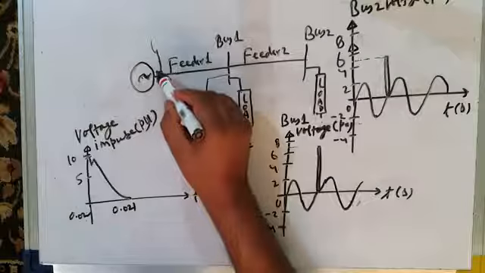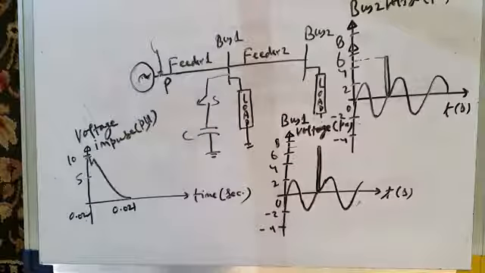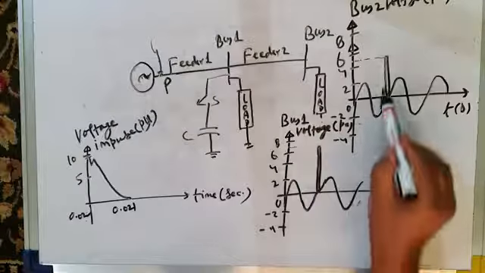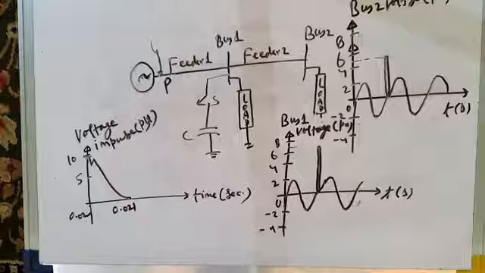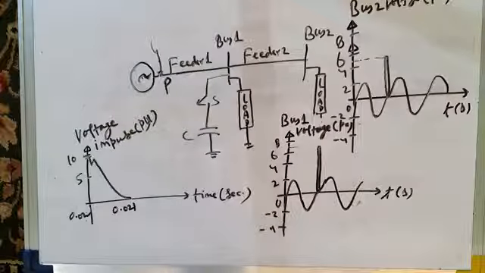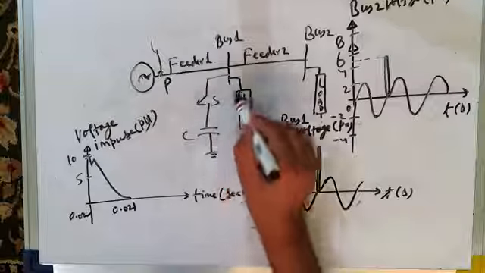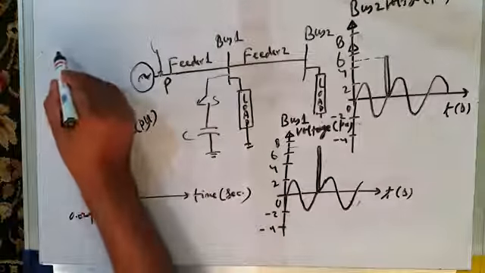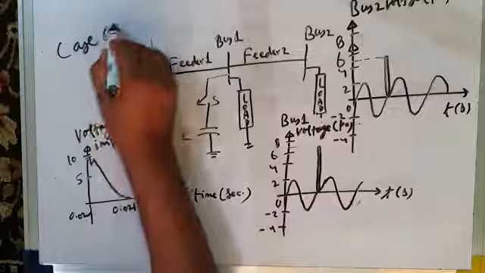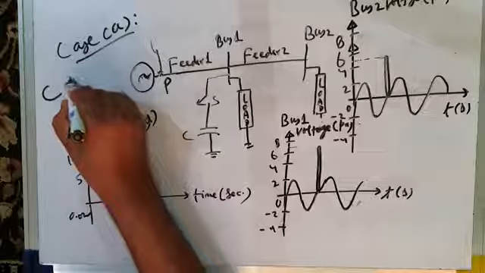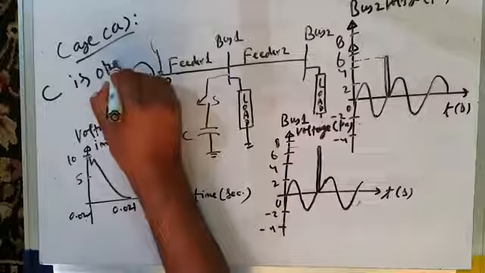So as soon as lightning strike of this characteristic is there on the feeder, it results in impulsive transient on bus 1 as well as at bus 2, with the assumption that capacitor is not connected. Capacitor, which is connected for power factor improvement, let us assume capacitor is not connected. So this is case A, which we were discussing. That is, C is open. I mean, capacitor is not connected.